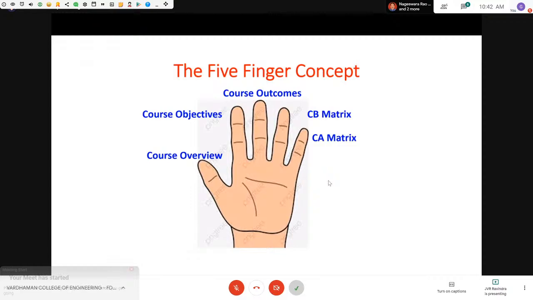The second is the course objectives. The third is course outcomes. The next is the course Bloom's matrix. And the last is the course assessment matrix, or course articulation matrix. These 5 points are very, very important for a course, and they almost decide how effectively you deliver it.